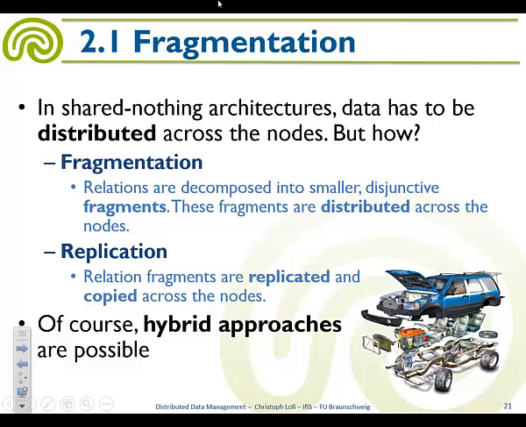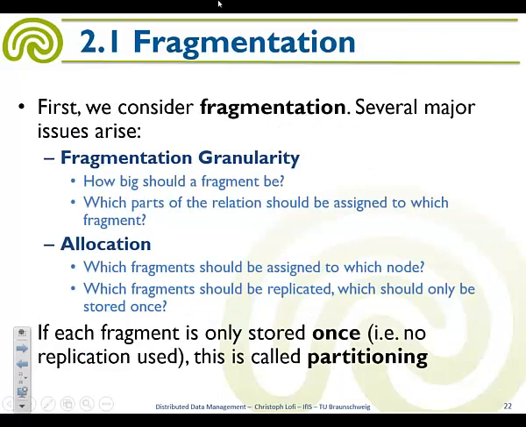In theory, you could of course do overlapping fragments, but that's usually not done because it's super annoying to do and to manage. So it's very easy to assume that fragments are disjoint. By dropping this disjoint requirement, you get a lot of problems, so don't do that unless you know what you're doing. So usually it's fragmentation into disjoint fragments and then replication.